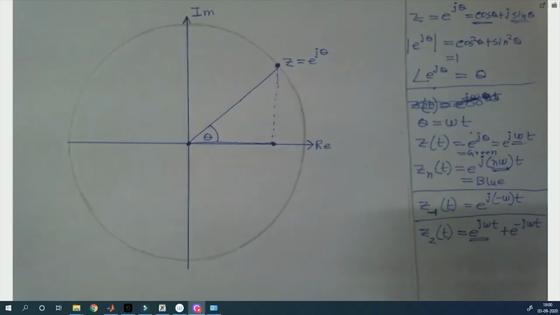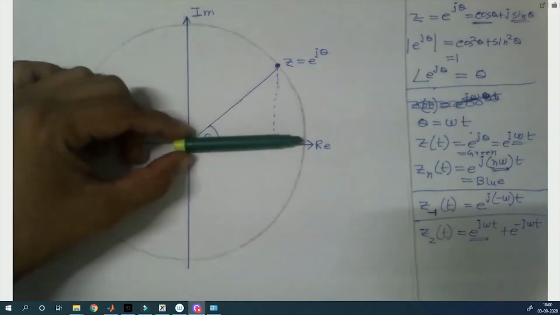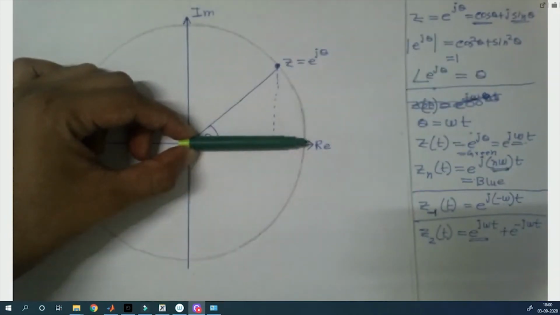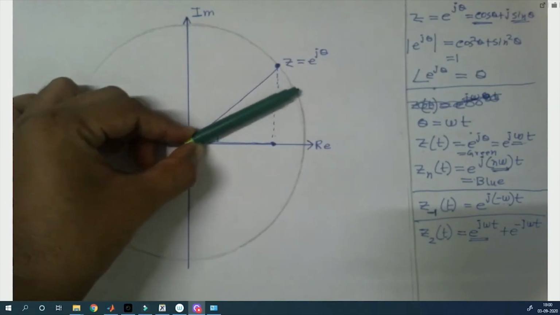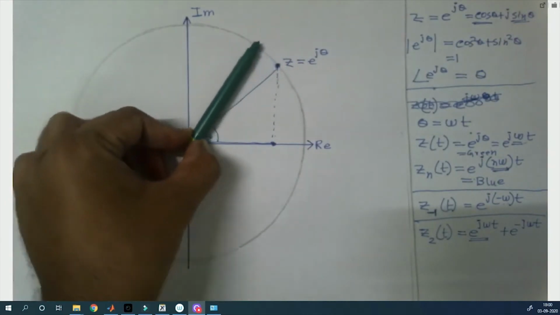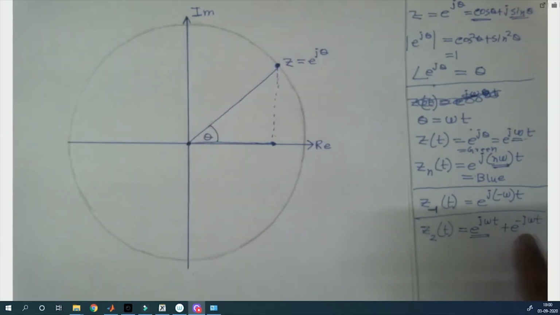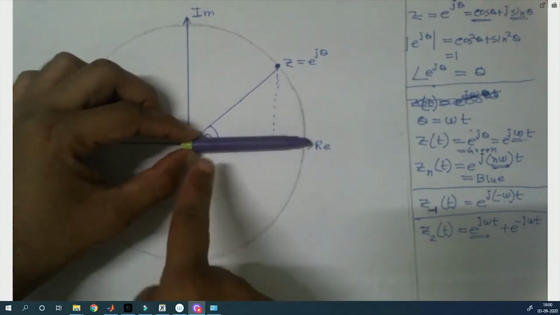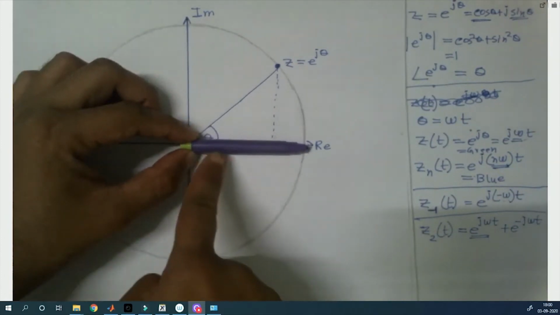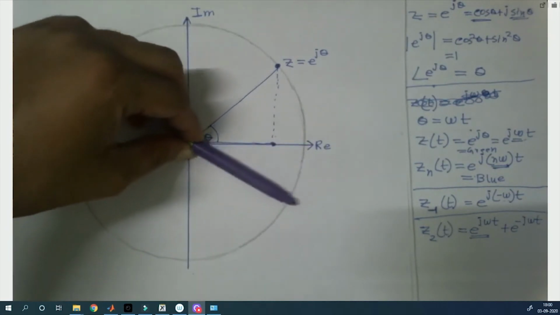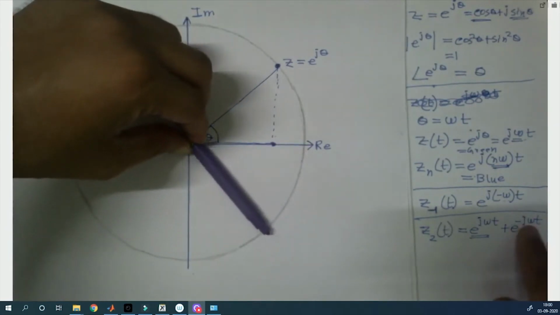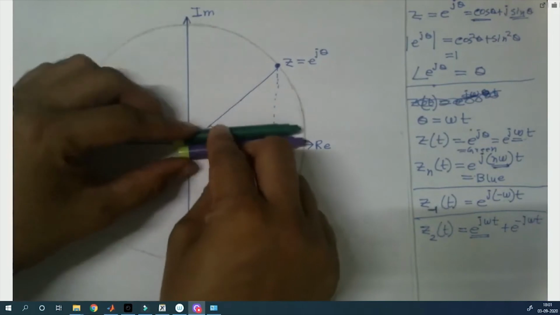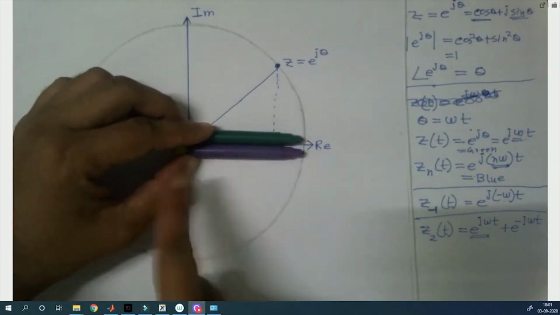The first part, which I will show with this green pen, will start from the horizontal position, and as time increases will rotate anti-clockwise with angular speed of omega. Then the second part, which I shall represent with this blue pen, will start from the horizontal position at t equal to 0 and will rotate in the opposite direction with the same angular speed of omega. Now if I show them together, this is their starting position.